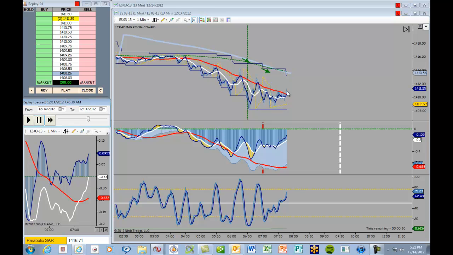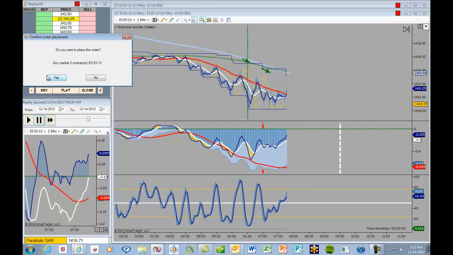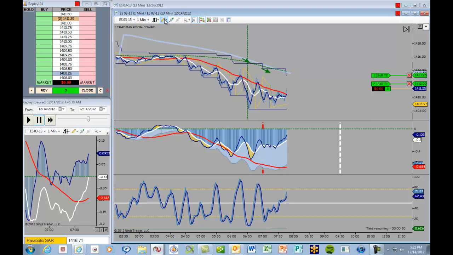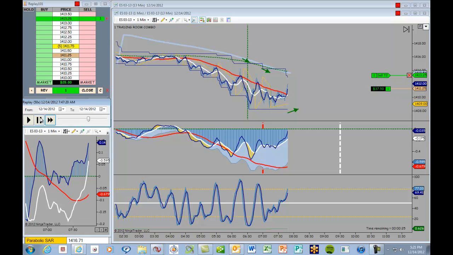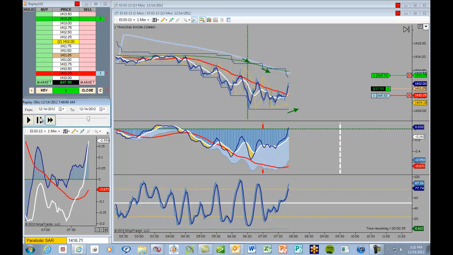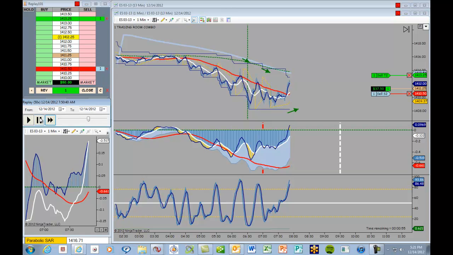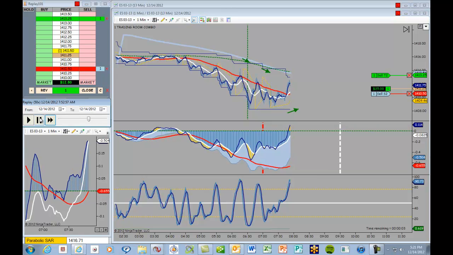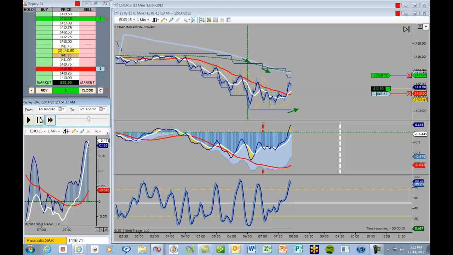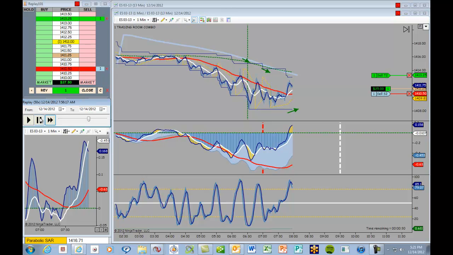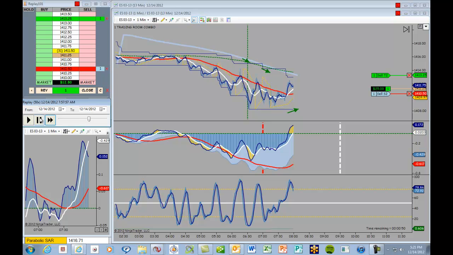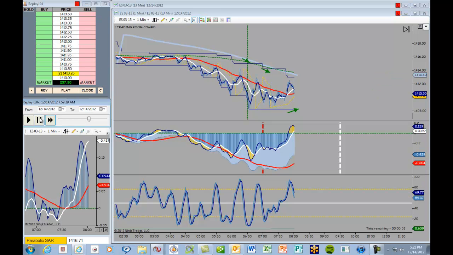And we've broken above the red. Let's go long. And stopped out.